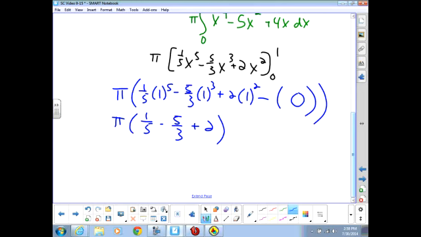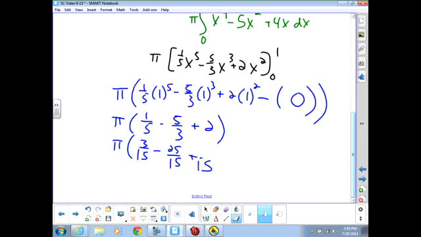A common denominator would be 15. Sorry, 15 was the common denominator. These should each be 15ths: 3/15, 25/15, and then this should be 30/15. Sorry about that.